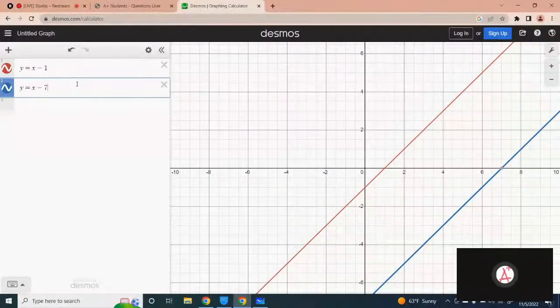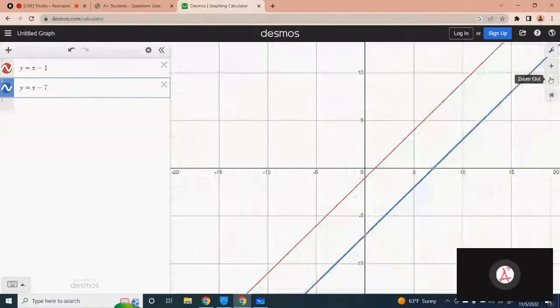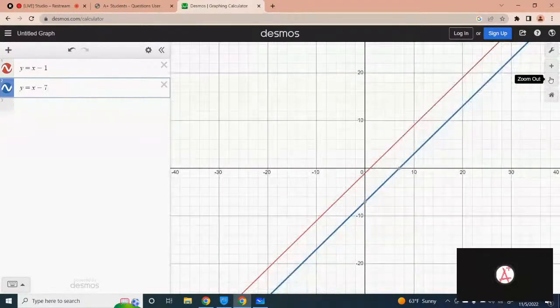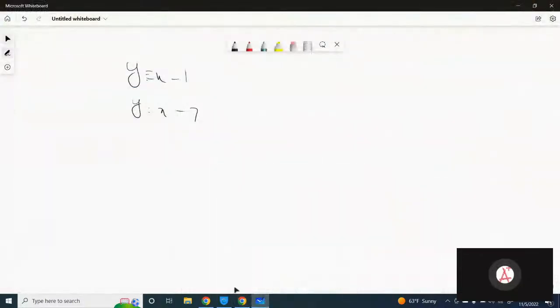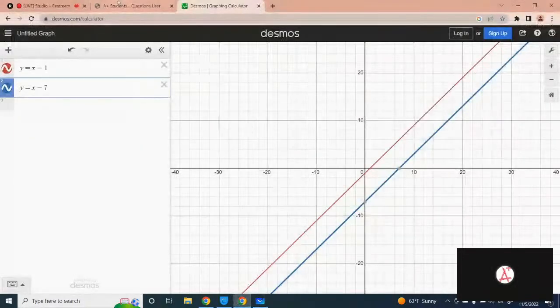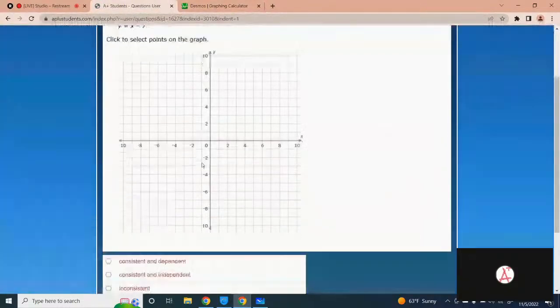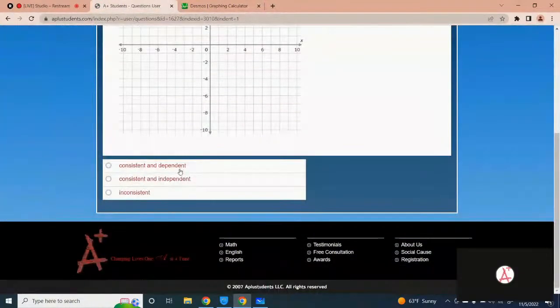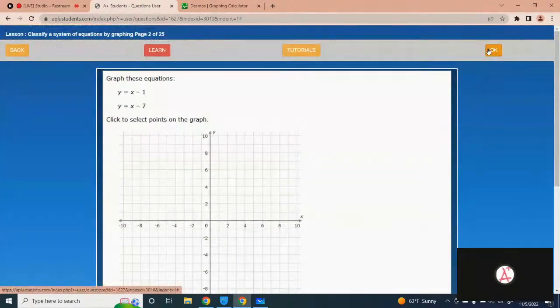So see, both the lines are parallel. That means the system has no solution and is inconsistent. If the lines don't intersect at one point, that means it is inconsistent. Got it?